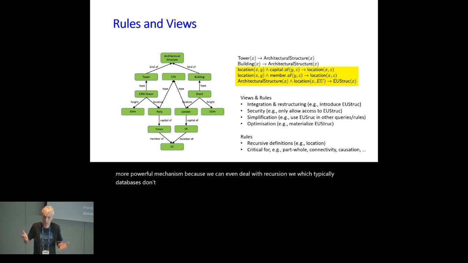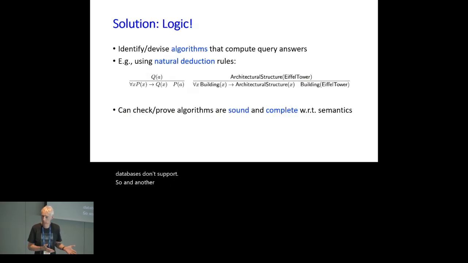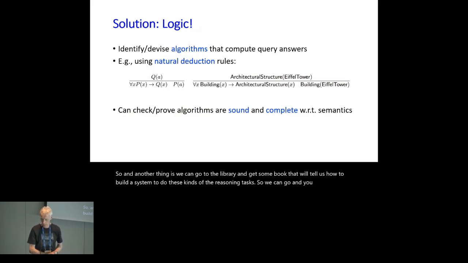Another thing is we can go to the library and get some book that will tell us how to build a system to do these kinds of reasoning tasks. We can pick our favorite algorithm. We might decide we want to do some natural deduction or something, but there are a ton of algorithms out there that we could choose from, or even implemented systems.